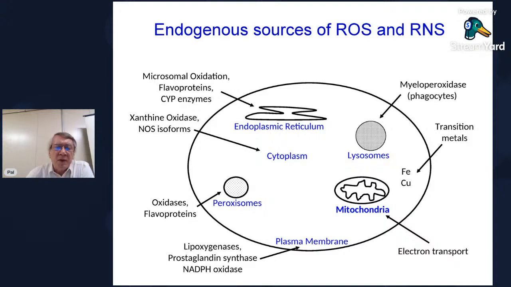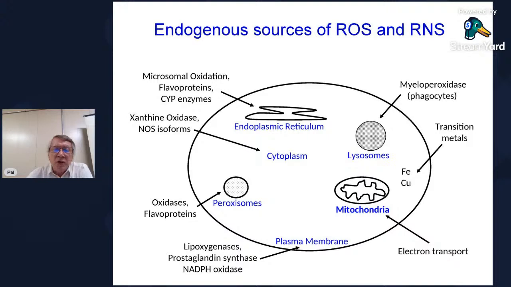In the peroxisomes, the oxidases, I mean that type of enzymes, generate oxygen radicals, and the myeloperoxidases in the phagocytes, just to mention the most important sources and sites of these reactive oxygen species inside the cell.